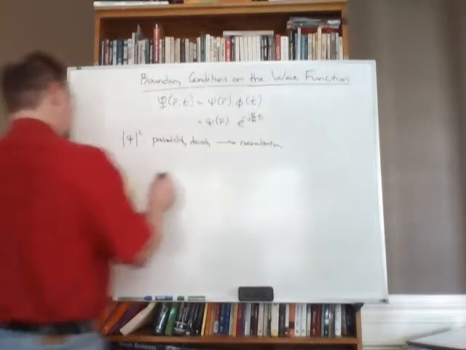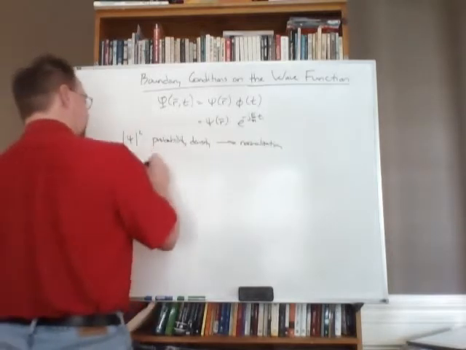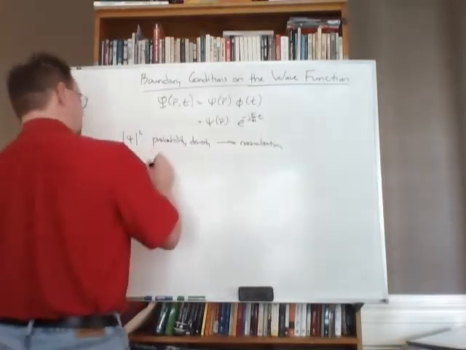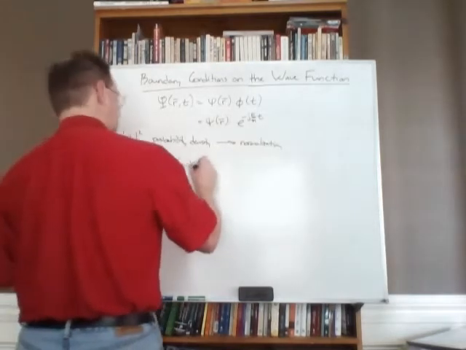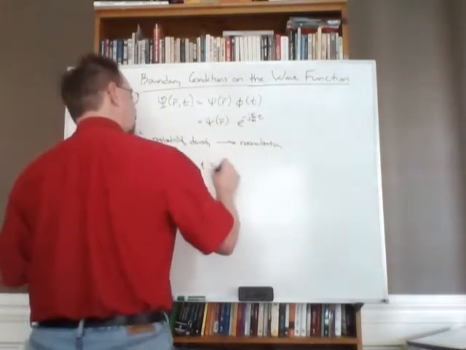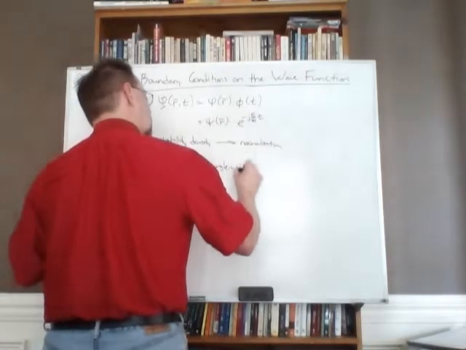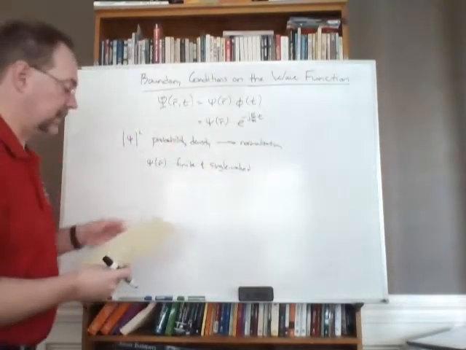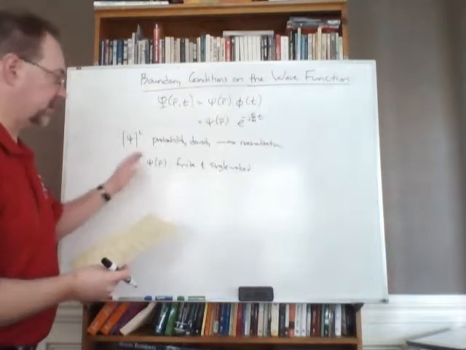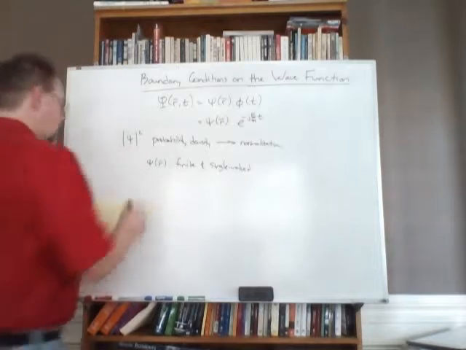It also means that psi has to be finite and single valued because this also is required, and also the uncertainty principle will be violated if this was not the case.